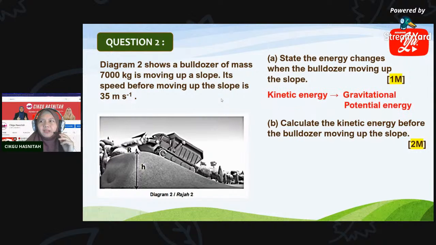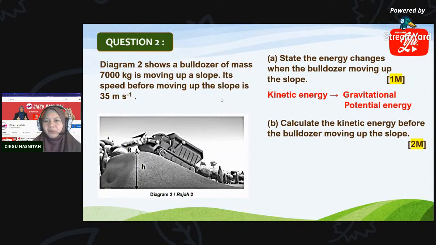Yes, it is kinetic energy converting into gravitational potential energy due to its change of height. Yes, Vinci, very good.